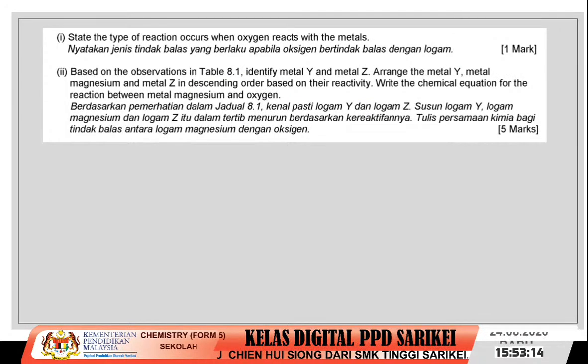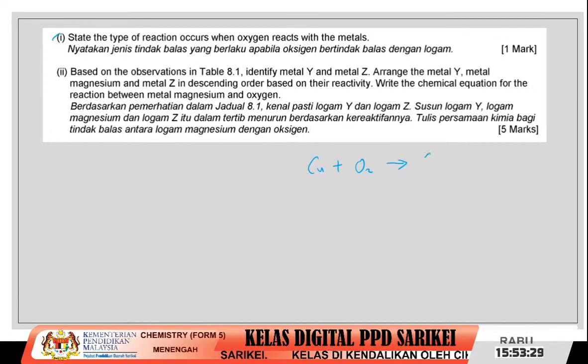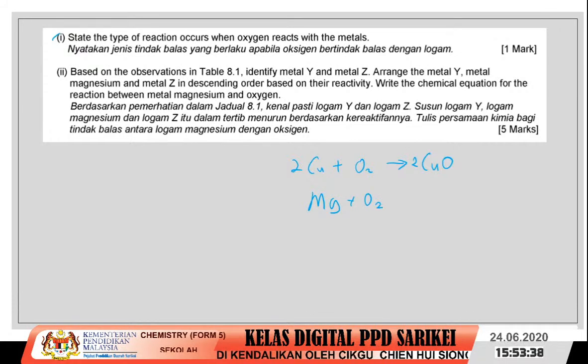Question 1. State the type of reaction that occurs when oxygen reacts with the metal. We take an example from set 1. Copper reacts with oxygen. It forms copper(II) oxide. Set 2. Magnesium reacts with oxygen.